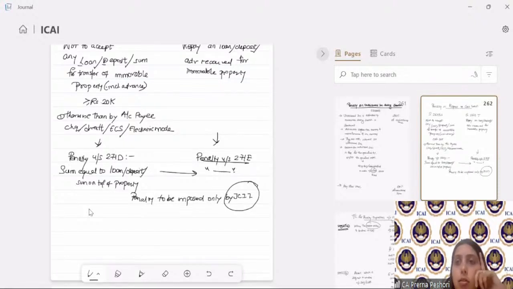So shall we just close this chapter and then we move towards the prosecution? If you have any doubt, you can ask me. Or do you want to do one more question on 278, or is it very clear? Because 278 we had done several questions in the last class also.